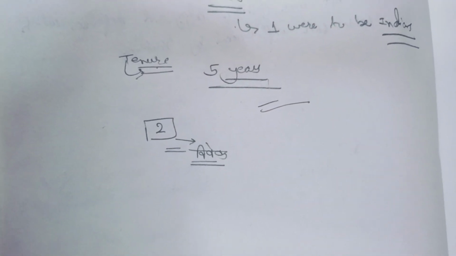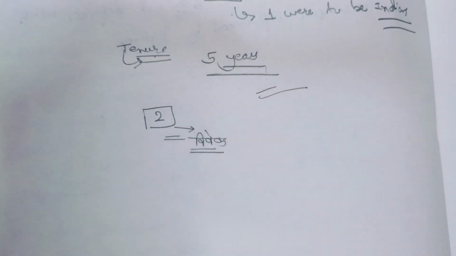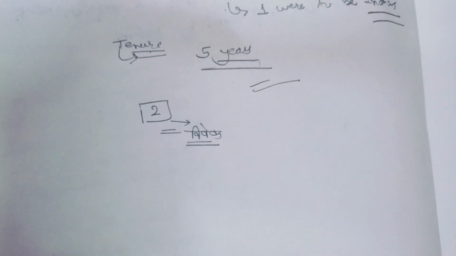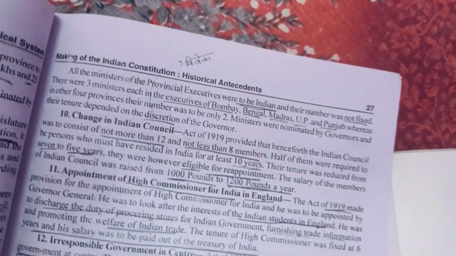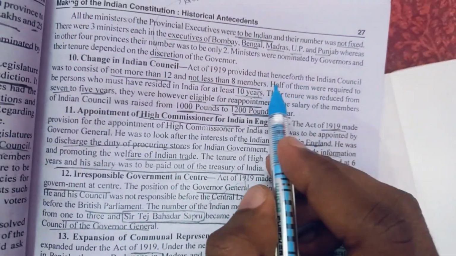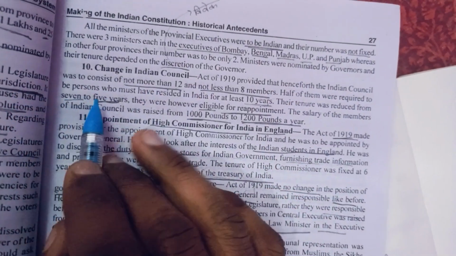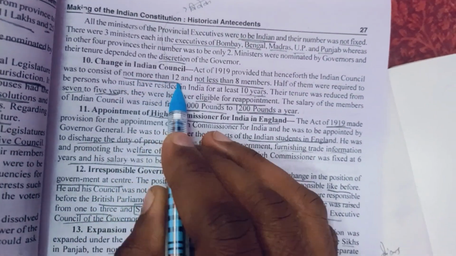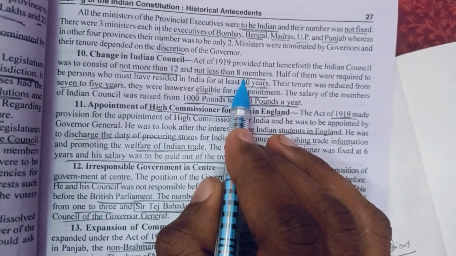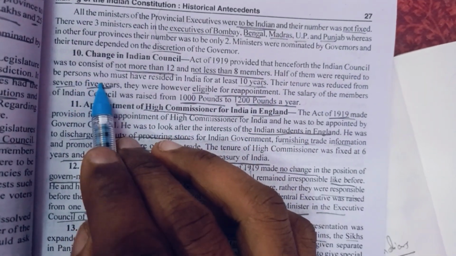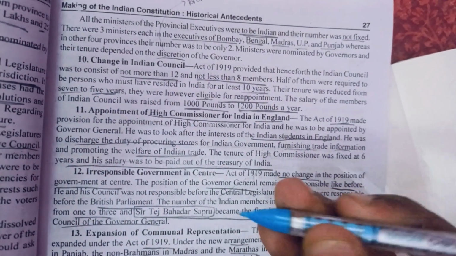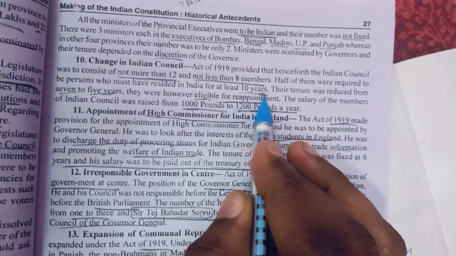Number 6th provision of the Act of 1919 or Chelmsford Reform was that it changed the Indian Council. The Act of 1919 provided that henceforth the Indian Council was to consist of not more than 12 and not less than 8 members. Half of them were required to be persons who had resided in India for the last 10 years.